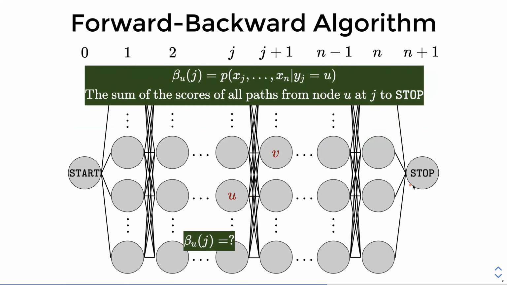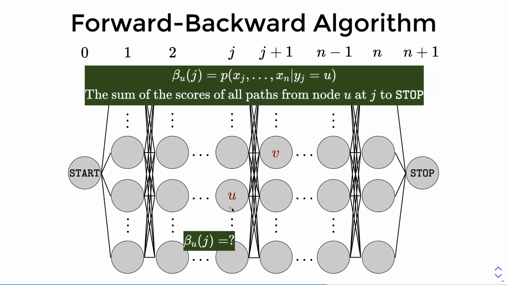So we are moving backwards, from the right to the left. We are now here, let's say, at position J. We should assume everything here is already done. So we know the value inside this guy, which should be the sum of the scores of all the paths connecting this guy and stop.